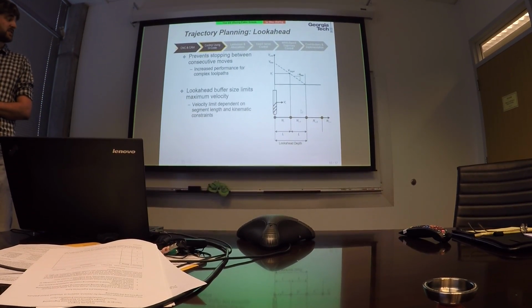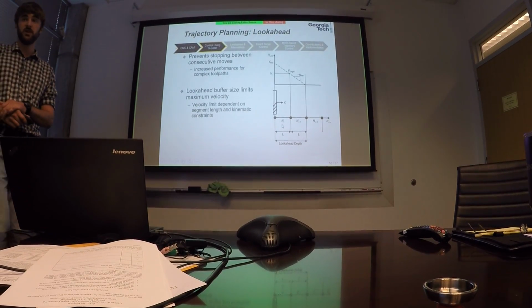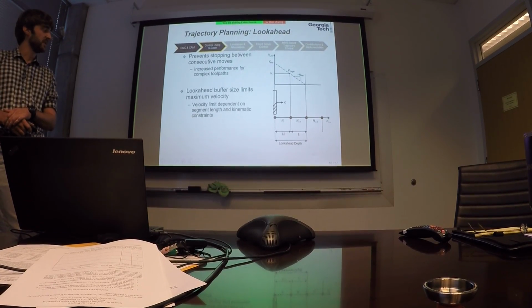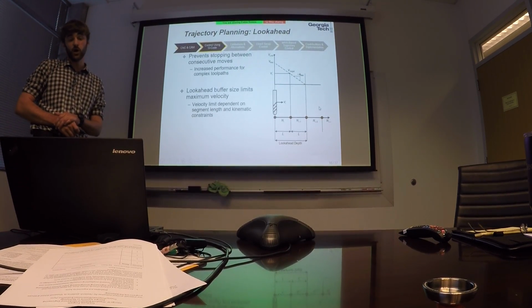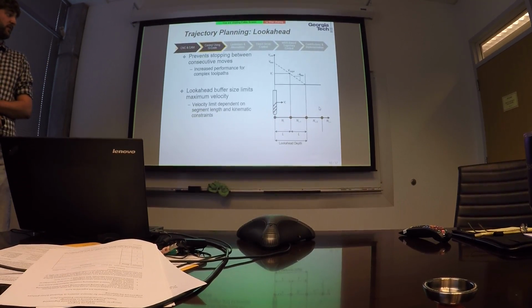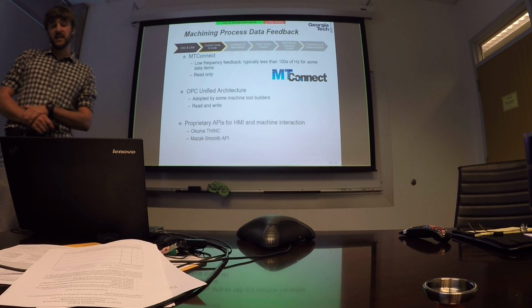The size of the buffer is usually dictated by a machine parameter, that is the number of blocks that are within it. And as you can see from this discussion, the smaller these blocks get, the slower the machine is going to go along the path to avoid overshooting the end of the buffer.